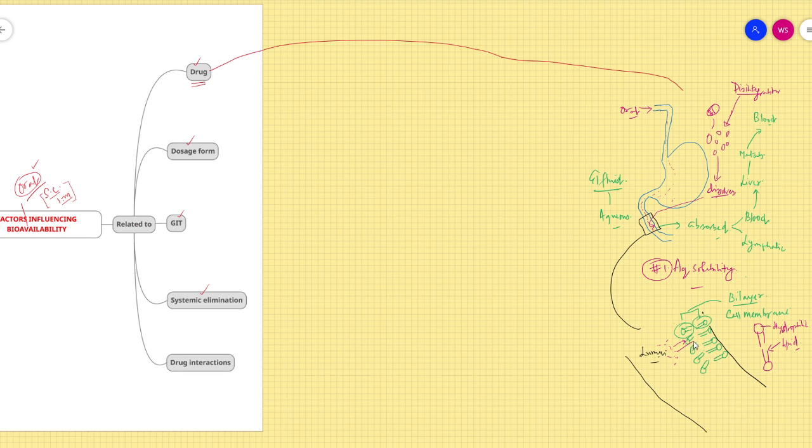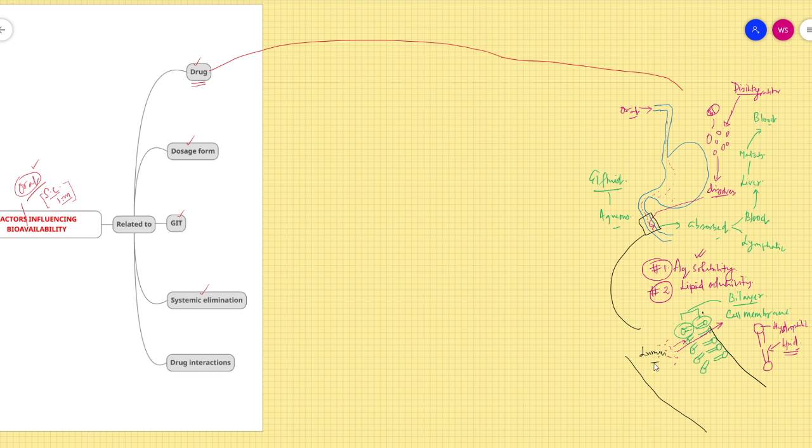That would require the drug to have a little bit of aqueous solubility, which we covered, and it should have lipid solubility as well, because the tails here are made of lipids, so it should have a fair bit of lipid solubility. So the second property would be that it should have a little bit of lipid solubility.